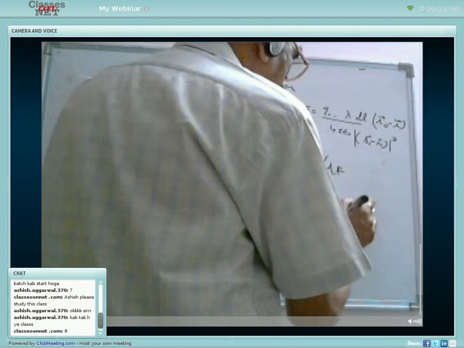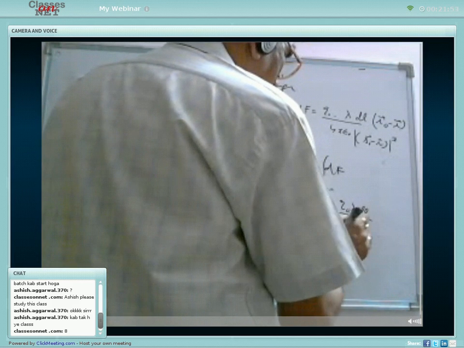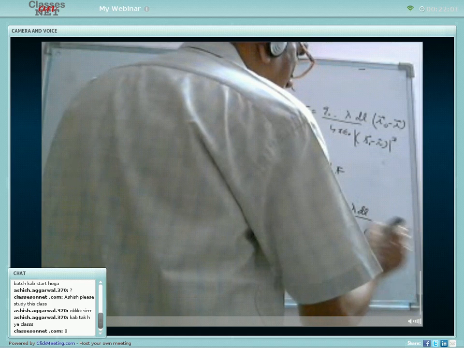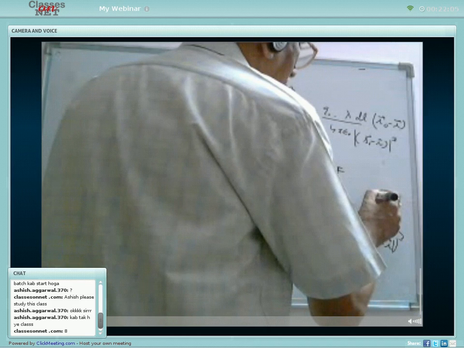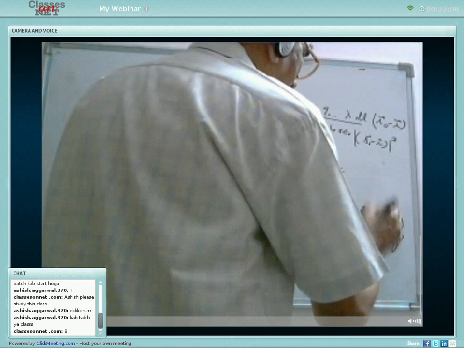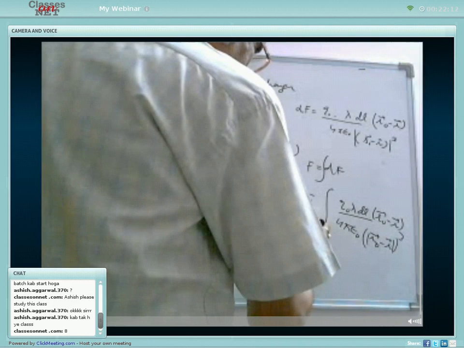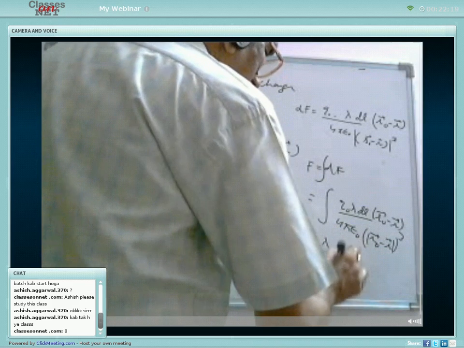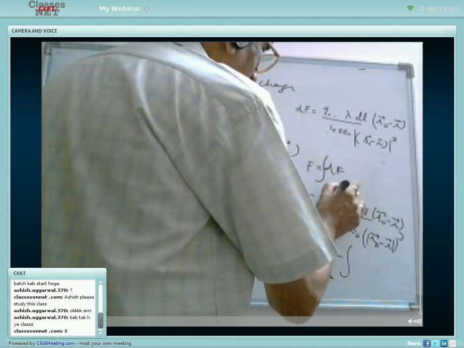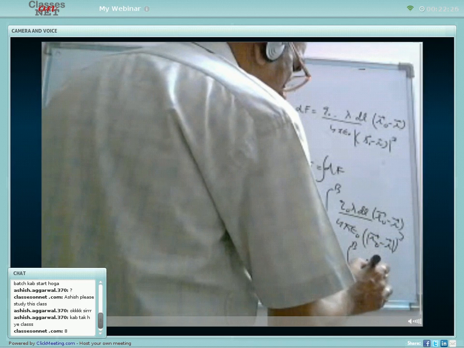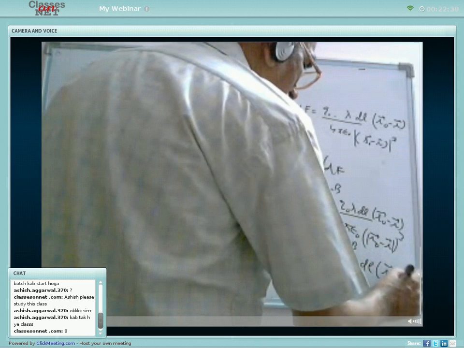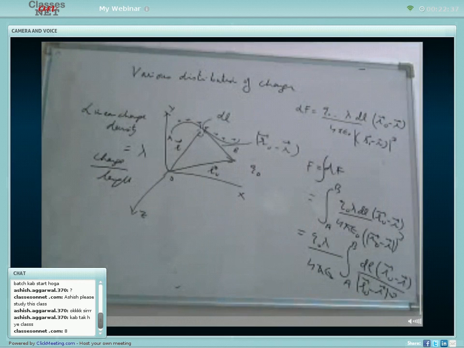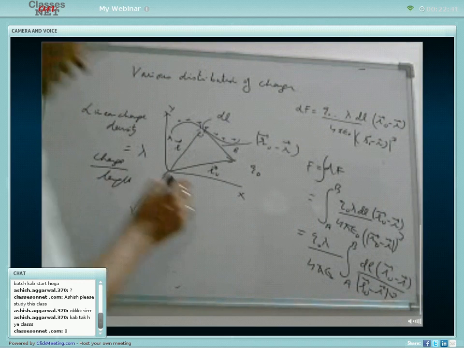This will be equal to Q0 lambda dl upon 4 pi epsilon 0, R0 minus R cube, R0 minus R. Now these quantities can be taken outside and you can write Q0 lambda upon 4 pi epsilon 0 integral A to B dl, R0 minus R upon R0 minus R cube. So in this way we can find force, then you can find electric field.